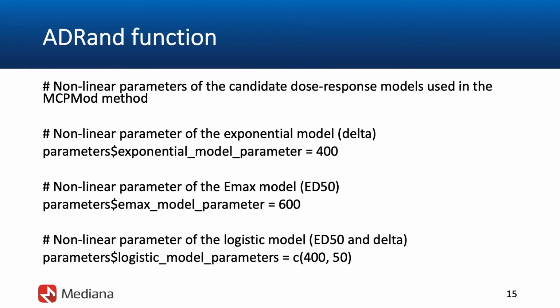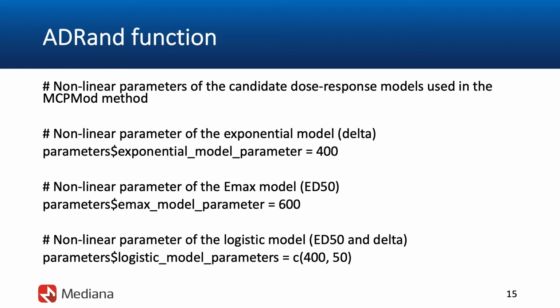The next set of specifications is somewhat technical. I will go over it fairly quickly, and it deals with the model averaging approach used in the MCP-Mod method. That is the method that is used in this function for providing the best possible description of the dose-response relationship for the primary efficacy endpoint.